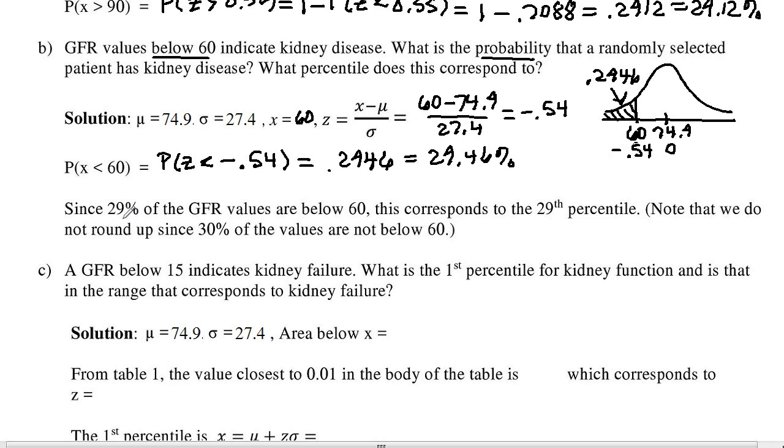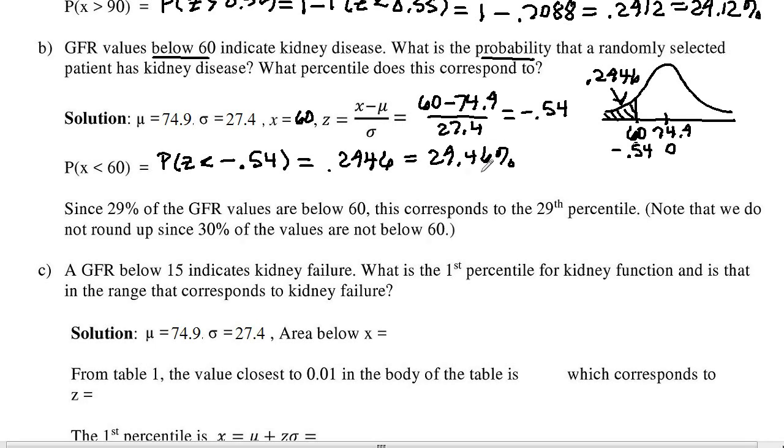But notice that since 29% of the GFR values are below 60, that means that the number 60 is in the 29th percentile. Notice it's not the 30th percentile, because 30% of the values are not below 60, but 29% are, a little more than 29%.